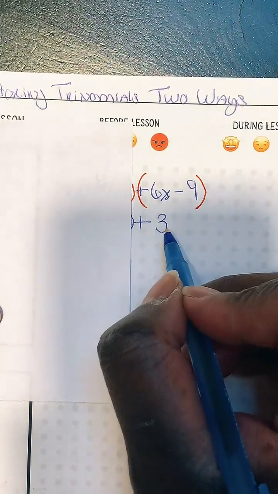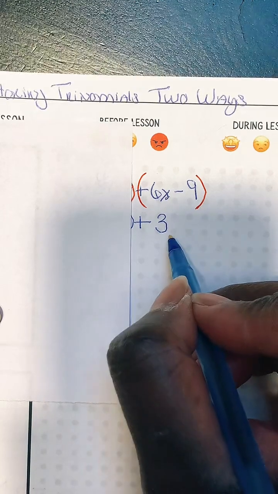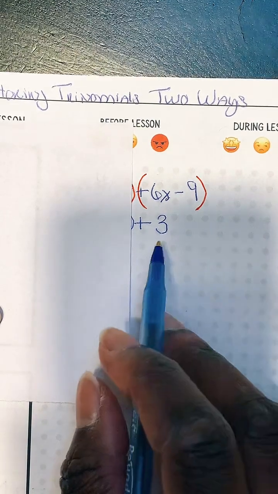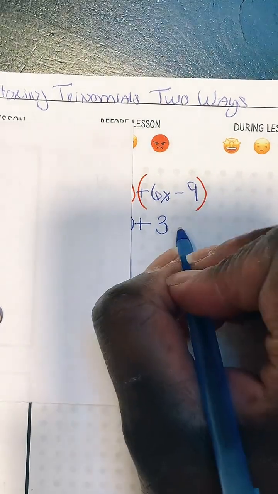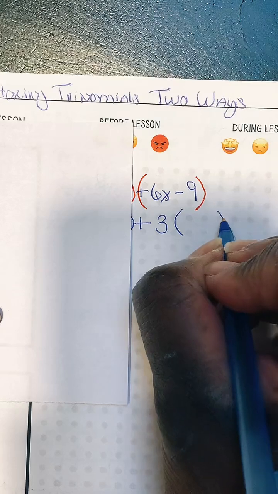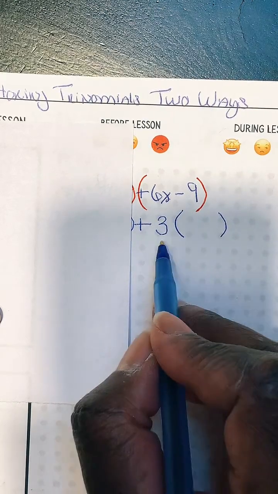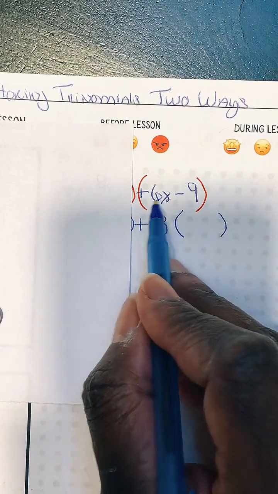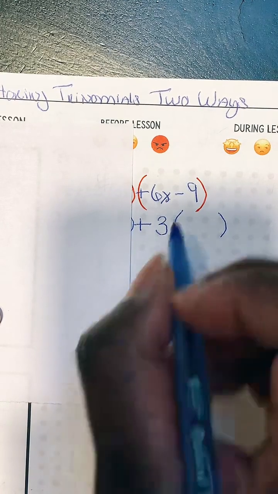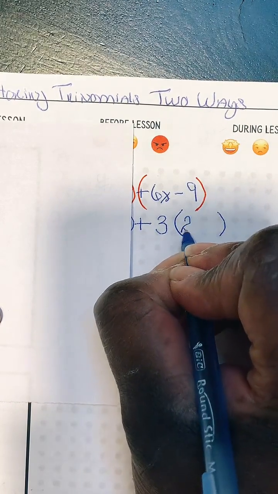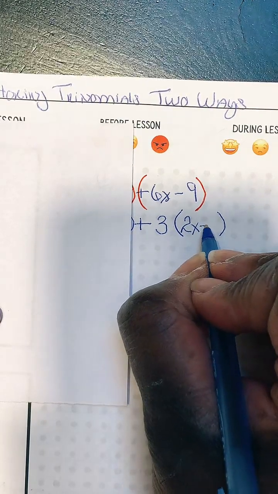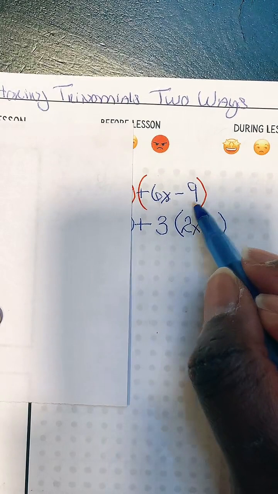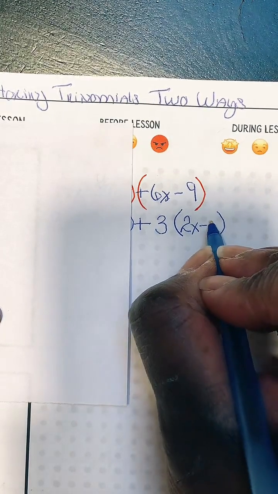So 6 and 9 have 3 in common, not 3x, but just 3. The reason why it's just the 3 is because the 9 doesn't have an x. So now I'm going to divide my original by that 3. So 6x divided by 3 gives me 2x. Bring down the minus sign. And then 9 divided by 3 gives me 3.